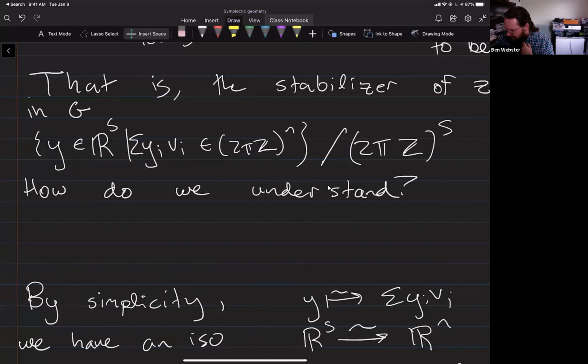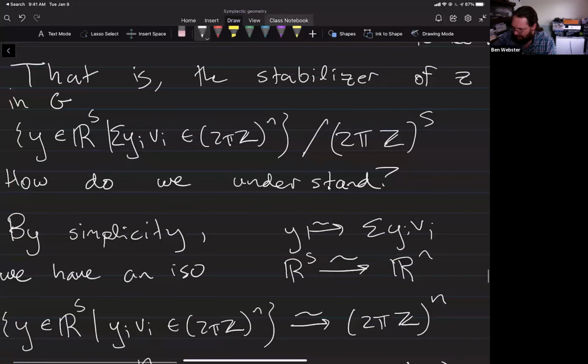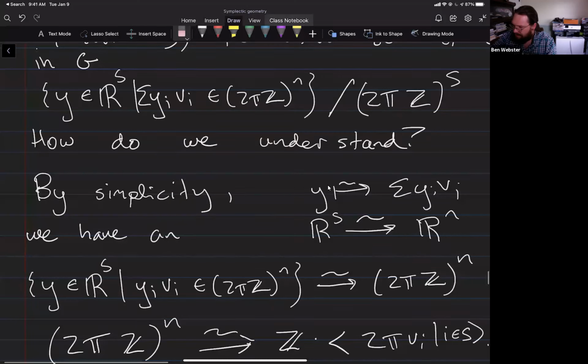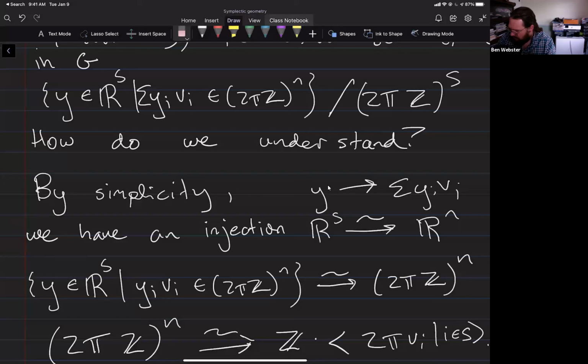Okay. So let me adjust this. What simplicity tells us is that we have an injection of R^S, via the Vi, into R to the N, which is given by taking the corresponding linear combination with respect to the VIs.